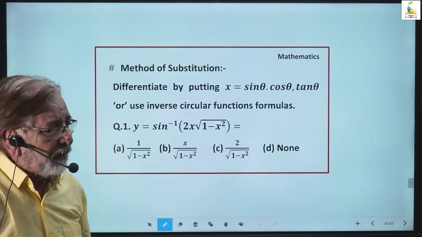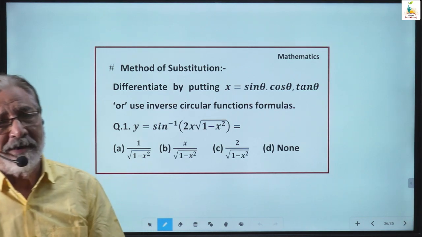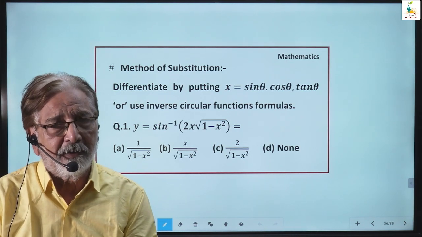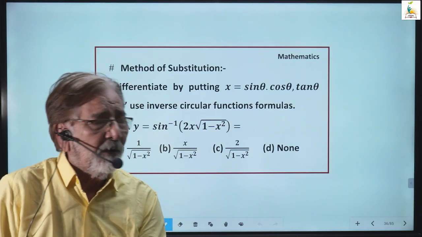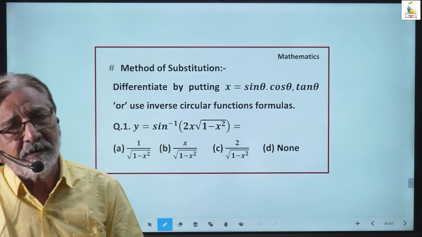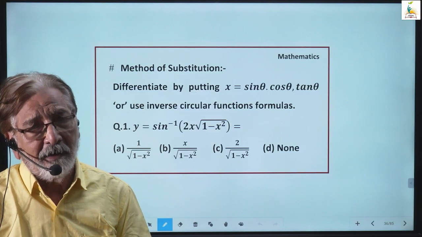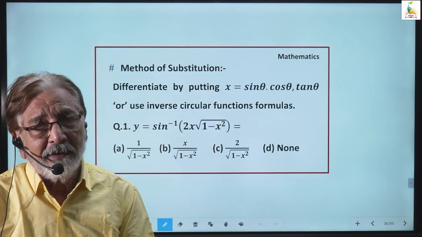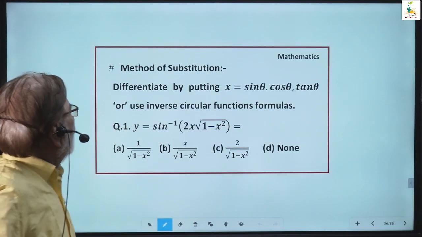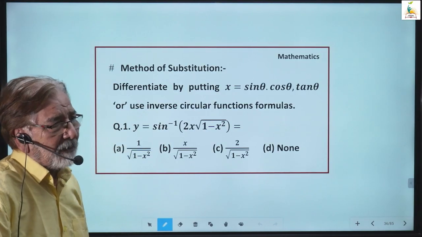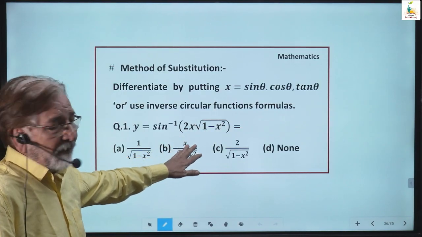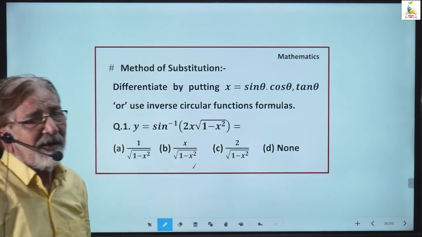In these questions, most of the time sin inverse x, cos inverse x, tan inverse x will appear. The first thing is, you can do the questions by substituting x equal to sin theta, cos theta, tan theta. While substituting, what you have to keep in mind is, if outside it is sin inverse, you put the value of x in such a manner that inside also sin appears.